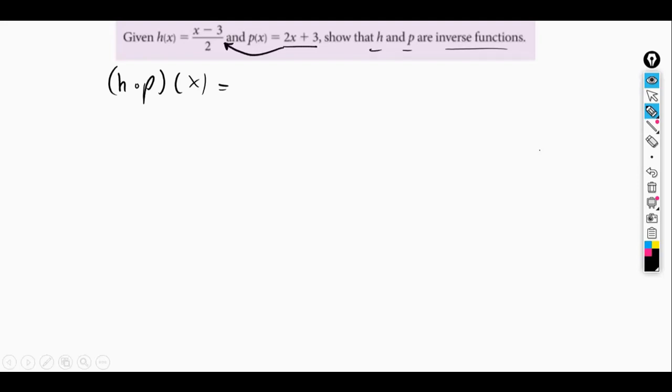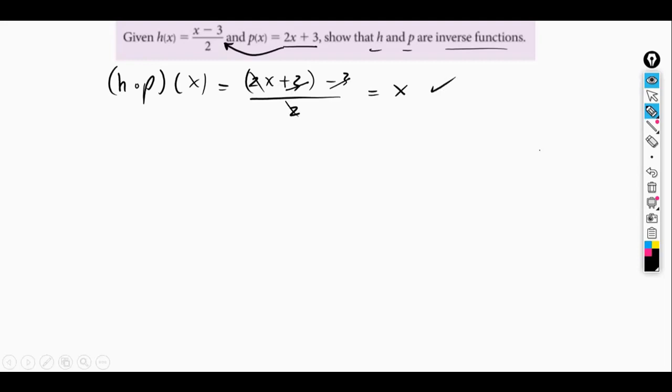So that's going to be 2x plus 3, this instead of x in h of x, minus 3 divided by 2. So notice that this is going to give us x because this and this cancel out, and then we're going to be left with 2x over 2, and that's just going to equal x.